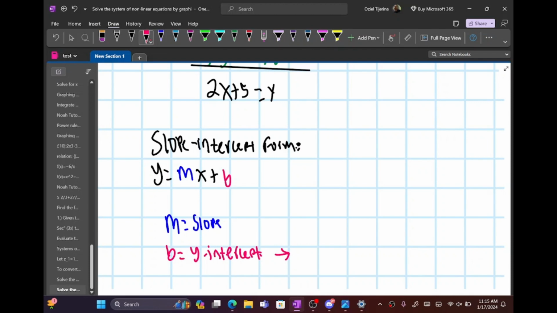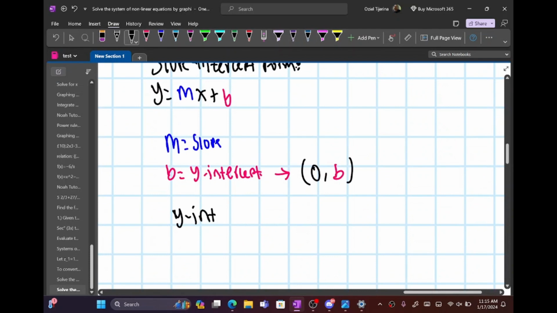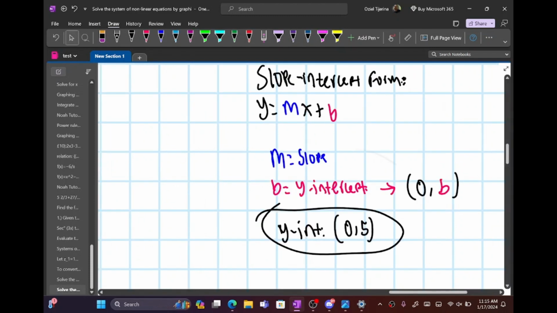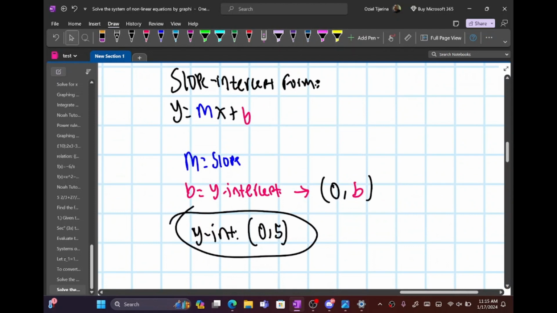Remember that the y-intercept as a point is going to be at 0, comma b. So in this case, our y-intercept is at the point 0, comma 5. So you want to plot the y-intercept, and like I said, b is equal to 5 in this case.